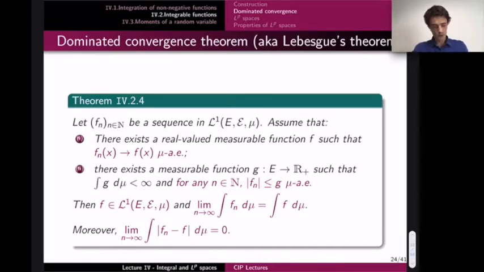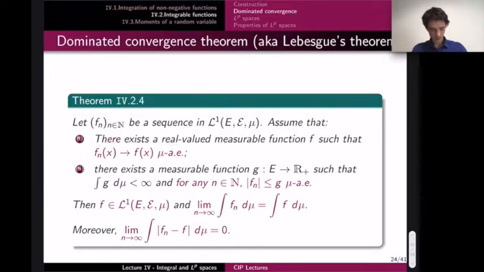So if these two points are satisfied, then we deduce that the pointwise limit f is integrable, and that we can interchange the order of the integral and the limit. So the limit of the integral of fn is equal to the integral of the limit of fn, which is f. We actually have slightly more than this. This statement is slightly stronger. It's what we call convergence in L1. Let me just remind you what μ-almost everywhere convergence means.